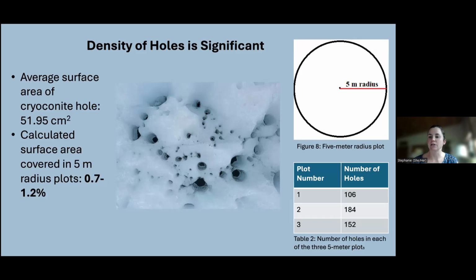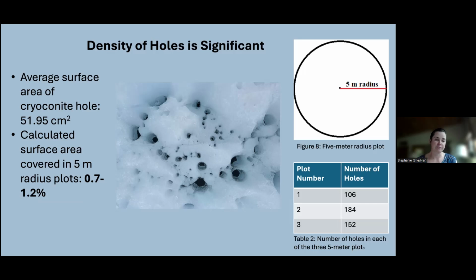The next thing that I looked at was 5-meter radius plots. I did 3 of them, just to look at the density of the holes on the glacier. I found the number of holes to be from 106 to 184 within each of these circles. I then used the minor axis and the major axis of each of the 15 cryoconite holes to determine an average radius, and then used that number to determine an average surface area of each of the cryoconite holes that I looked at.